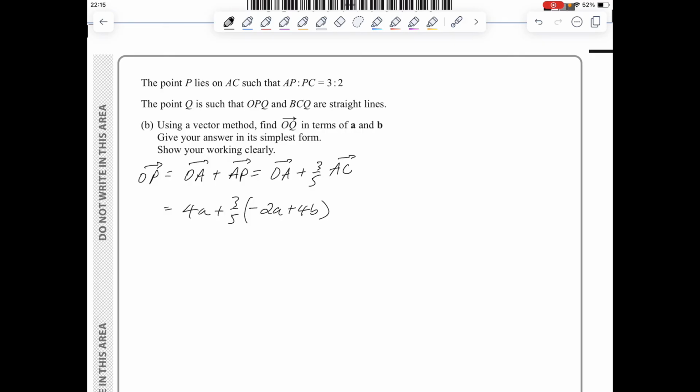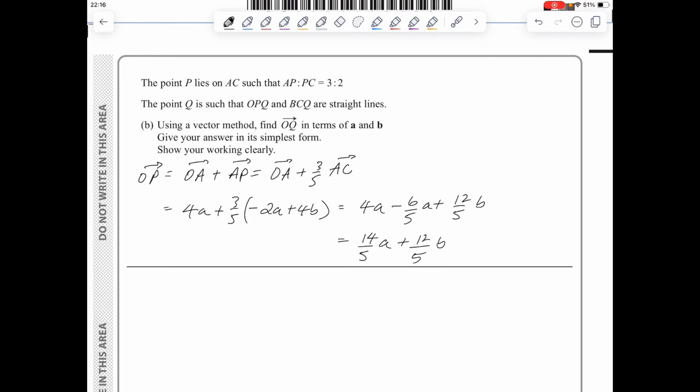Let's expand. It is equal to 4A minus 6 over 5A plus 12 over 5B, which simplifies to 14 over 5A plus 12 over 5B. So let's now find OQ in two different ways.